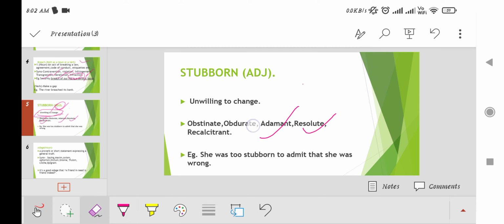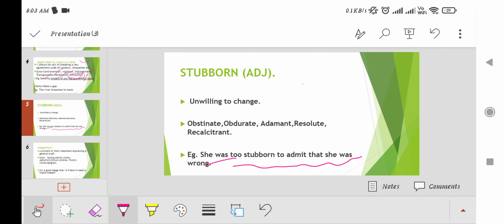Now, how can we use this word in a sentence? We are going to start. She was too stubborn to admit that she was wrong.